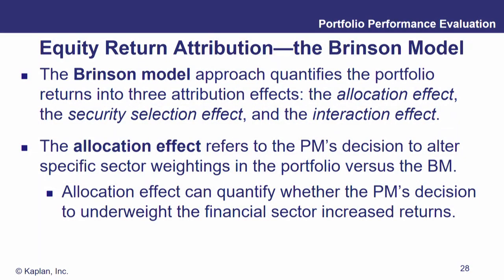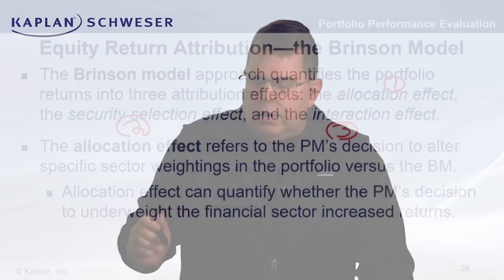Okay, so the Brinson model is going to quantify the portfolio returns into 3 attribution effects. There's going to be an allocation effect, a security selection effect, and then there's going to be an interaction effect. So let's go back to what we talked about before. What is an allocation effect?